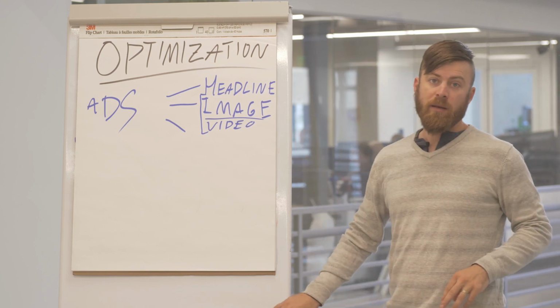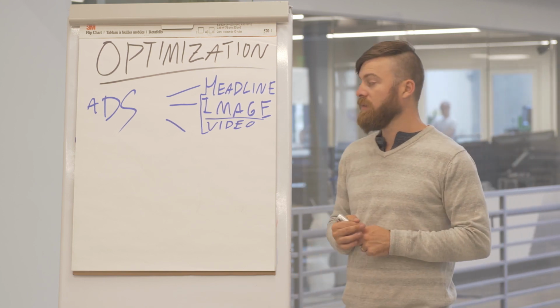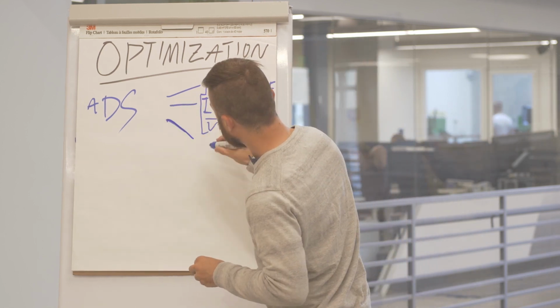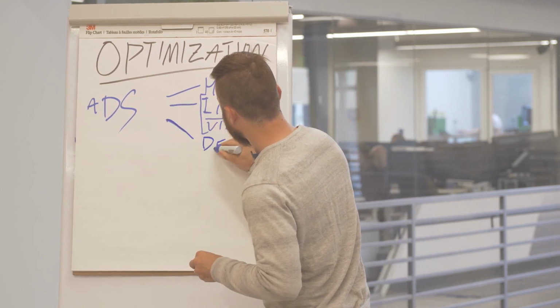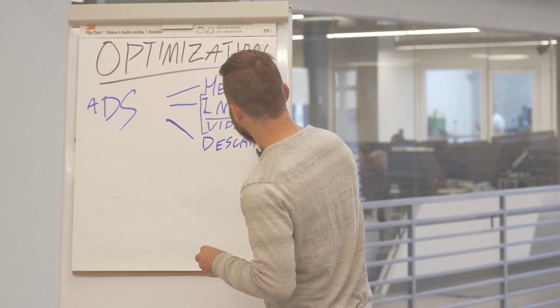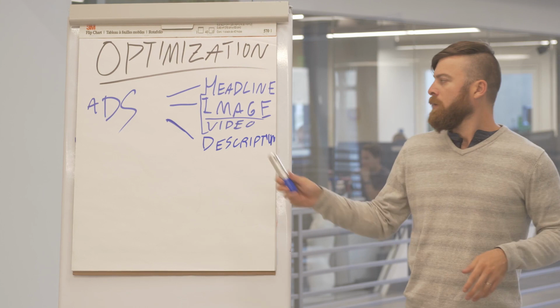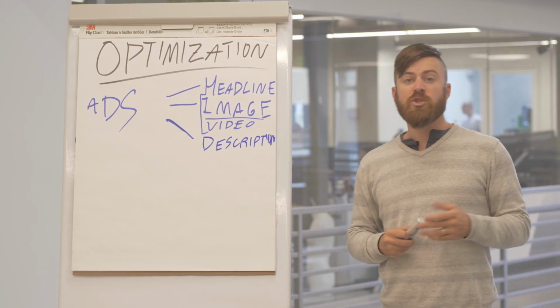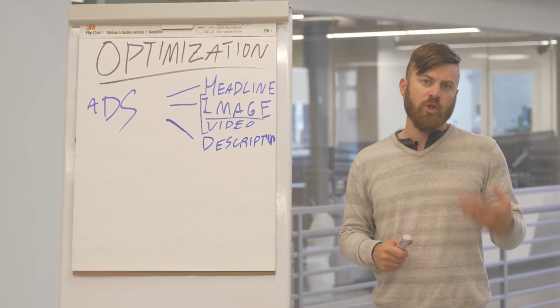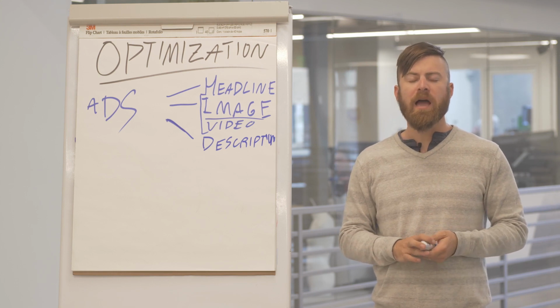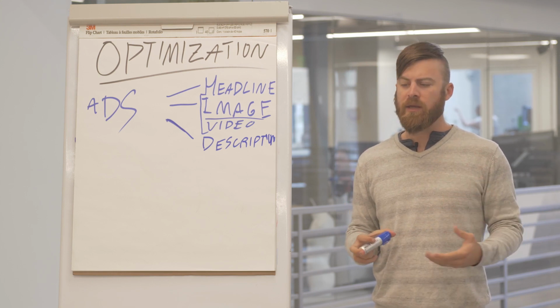The third element of good ads is the description. So the description is generally just how you're describing the product.